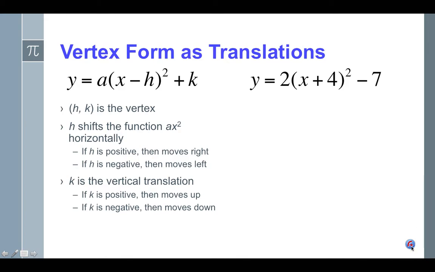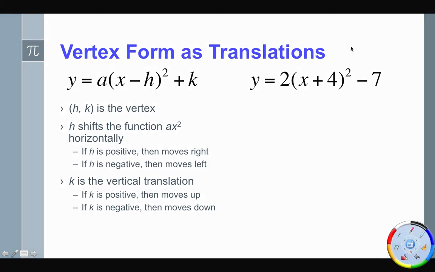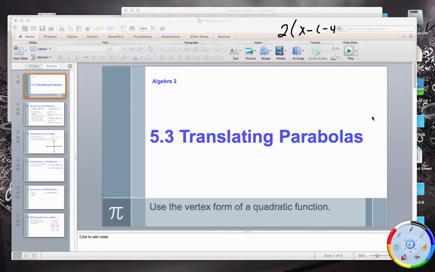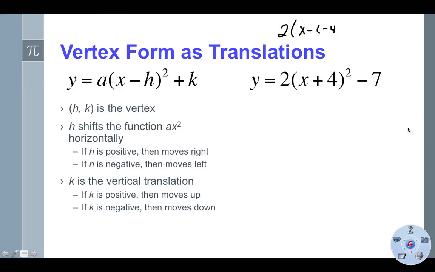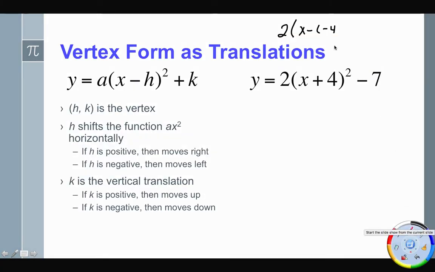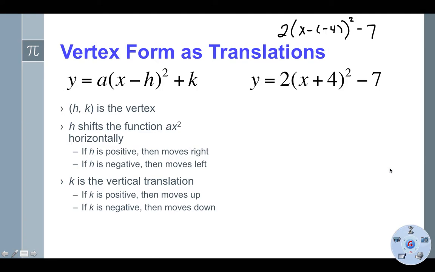To write it in that standard form, it's 2 times x minus a negative 4, squared, minus 7. So h is negative 4 and k is negative 7, which means our vertex is the coordinate negative 4, negative 7.